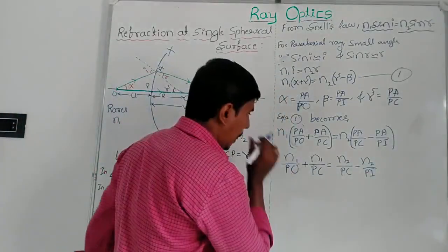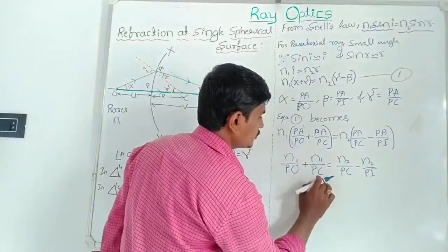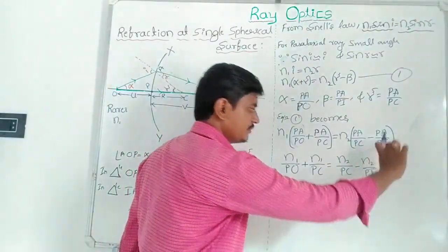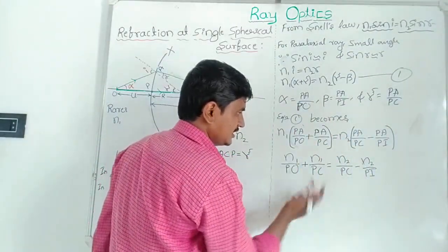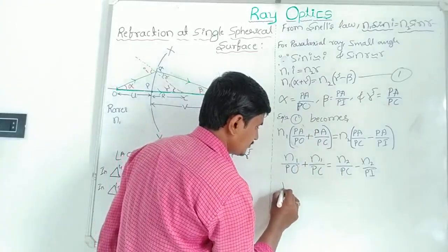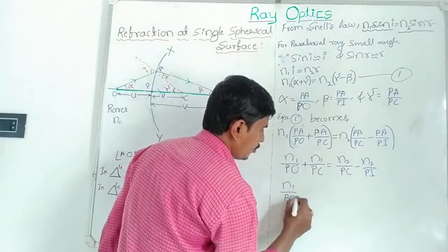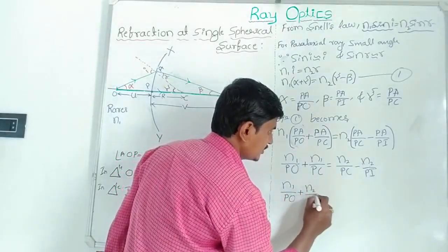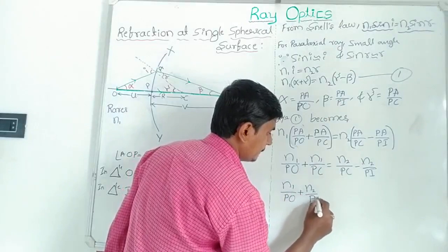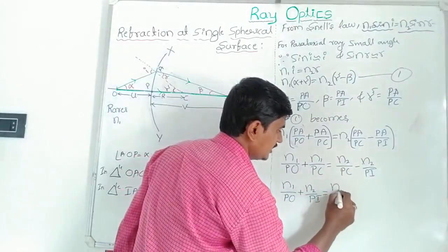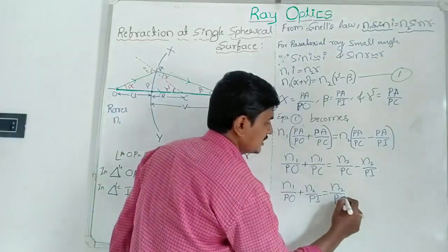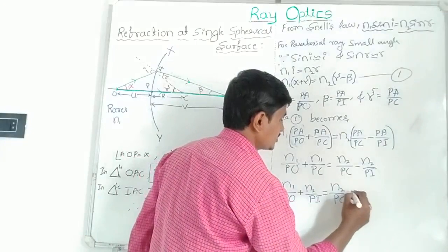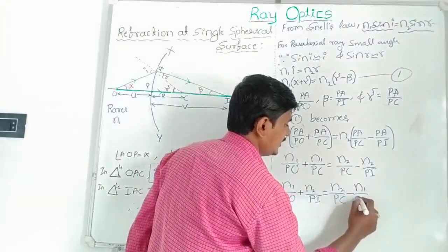Now send n1 divided by PC to the RHS, and n2 divided by PI to the LHS. By exchange, it becomes n1 by PO plus n2 divided by PI is equal to n2 by PC minus n1 divided by PC.